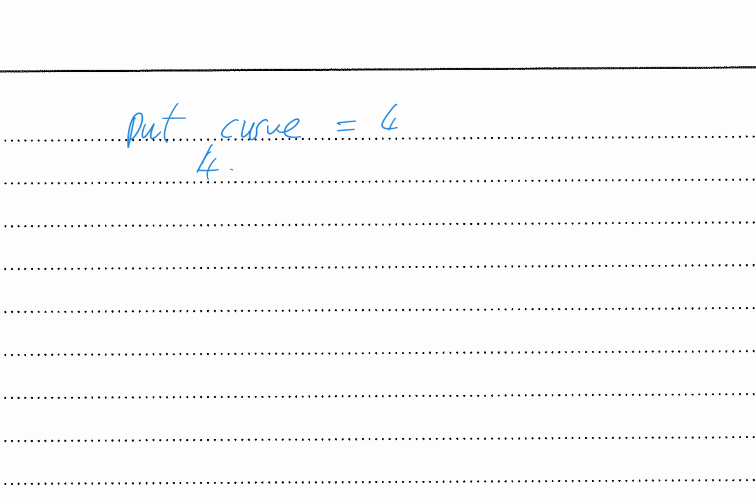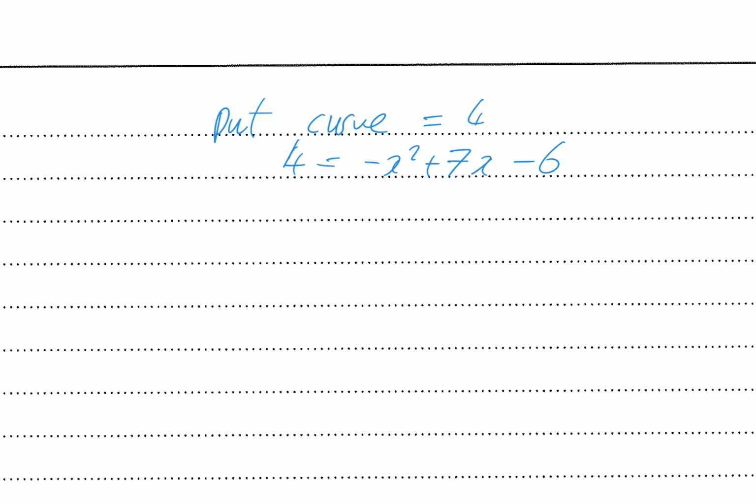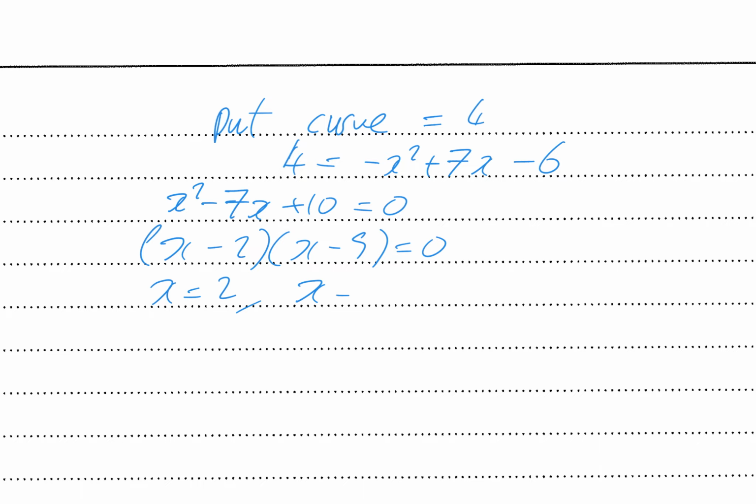So 4 is equal to minus x squared plus 7x minus 6. Let's bring it all to the left-hand side to make the x squared term positive. That's what we're going to have. That will factorize to be x minus 2, x minus 5 equals 0. So that means x equals 2 and x equals 5.